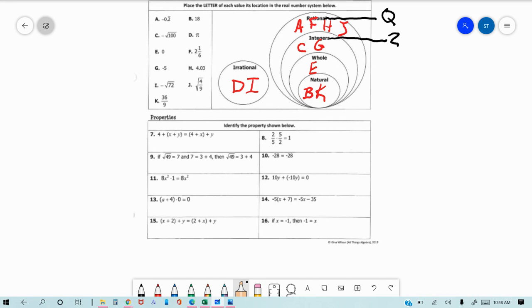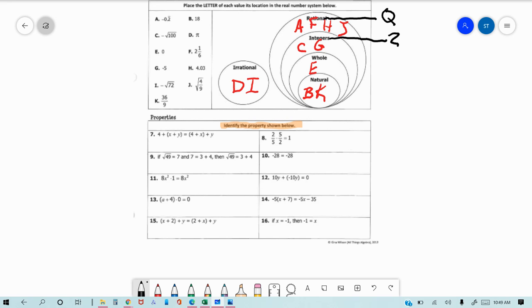You have to read directions. It says identify the properties shown below. It didn't ask you to solve. So a lot of you tried to solve this instead of identifying the property. If you look back at your notes, you can see what those properties are.